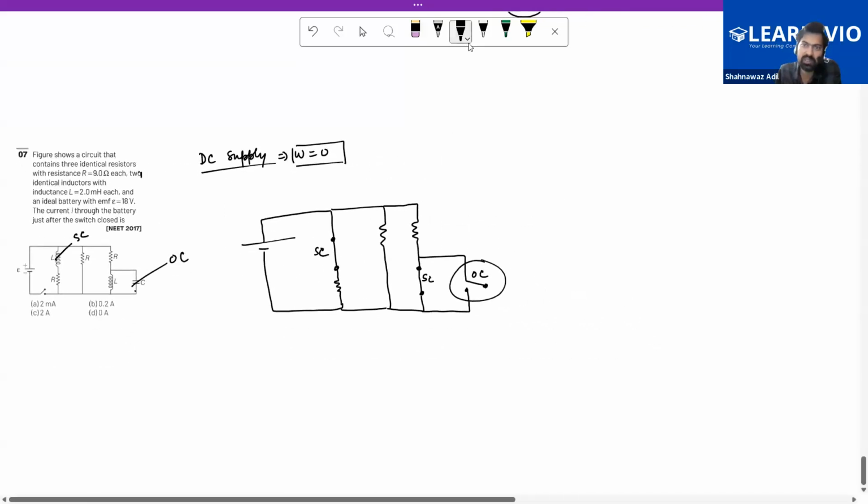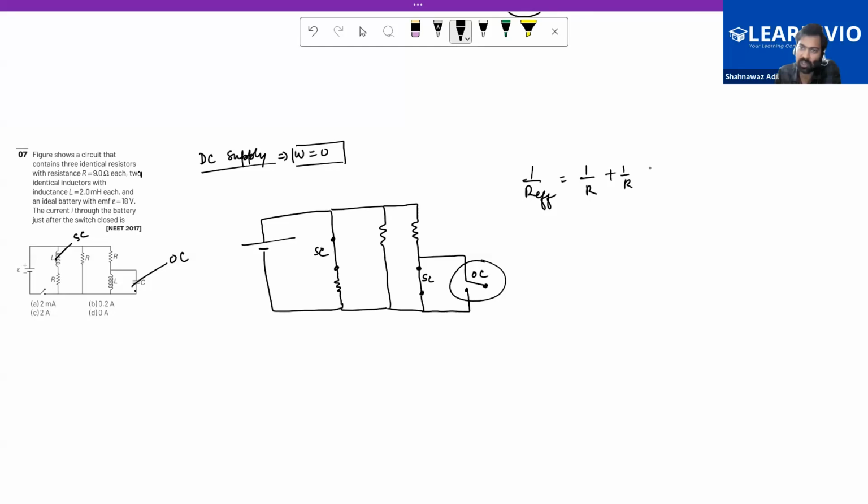The effective resistance would be 1 by R plus 1 by R plus 1 by R, so that is 3 by R. So R effective is R by 3. R is 9, so 9 by 3 is 3 ohm.